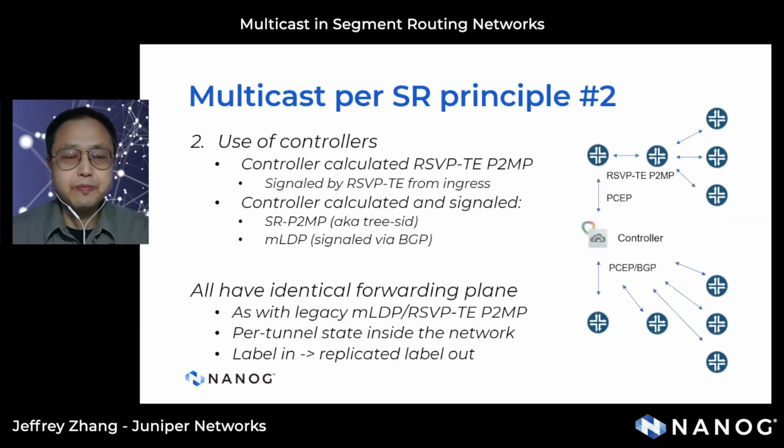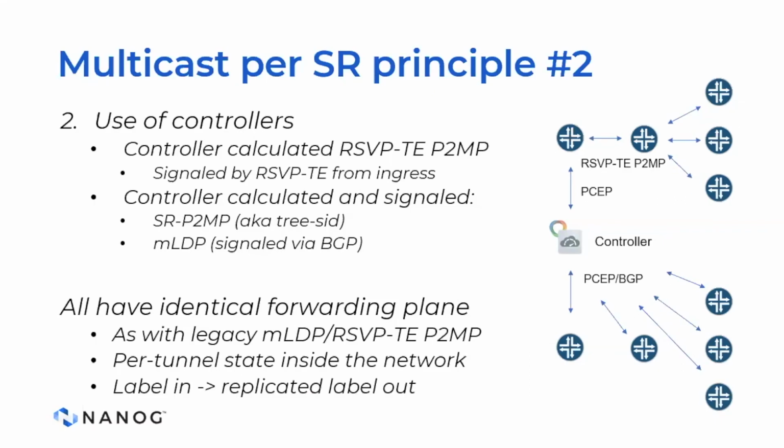Principle number two, use of controllers. There are two flavors of this. The first one is that the controller only does the calculation. It calculates a P2MP tree and then sends the explicit paths to the tunnel ingress, who will then use traditional RSVP-TE P2MP signaling to set up the tunnel.